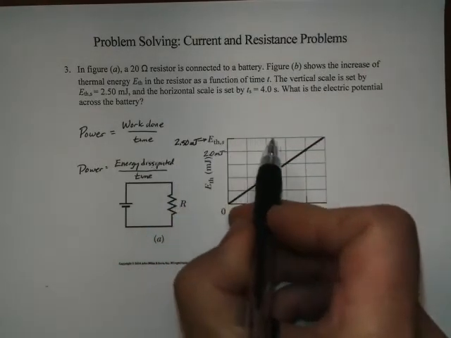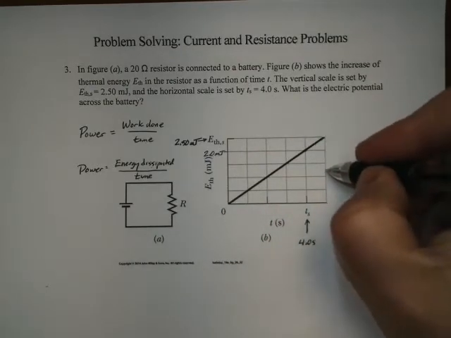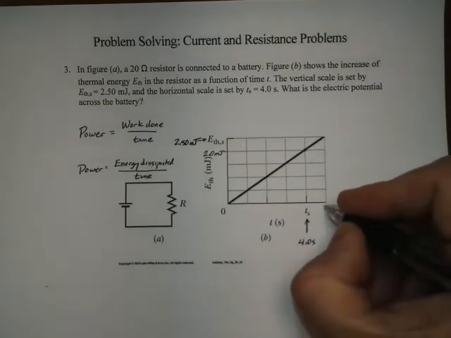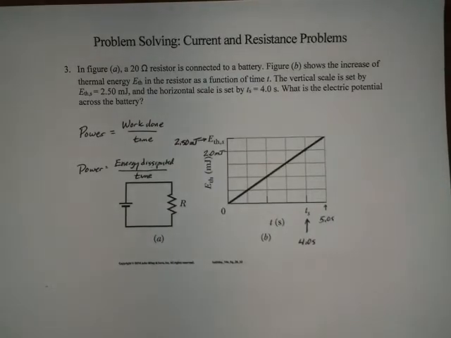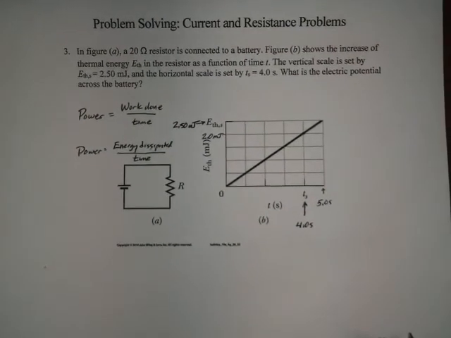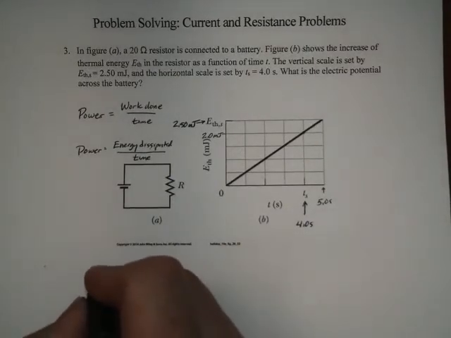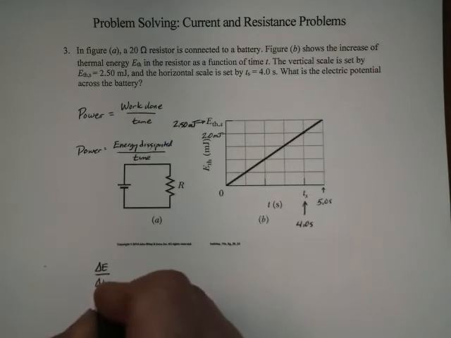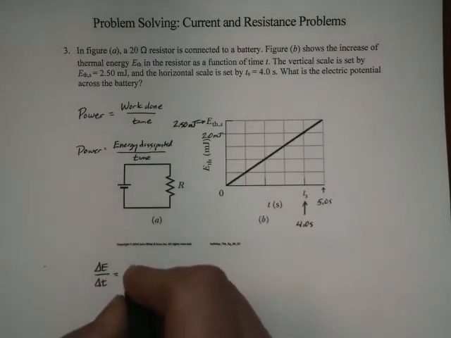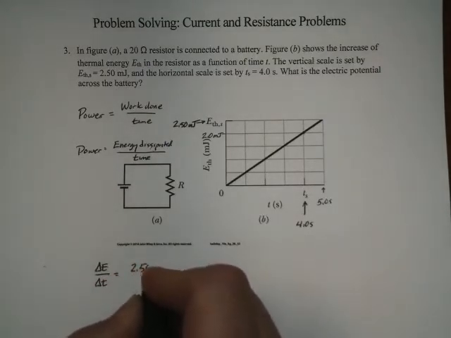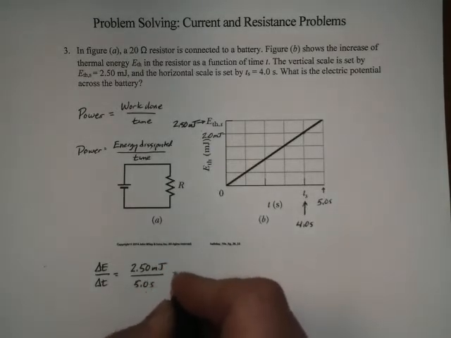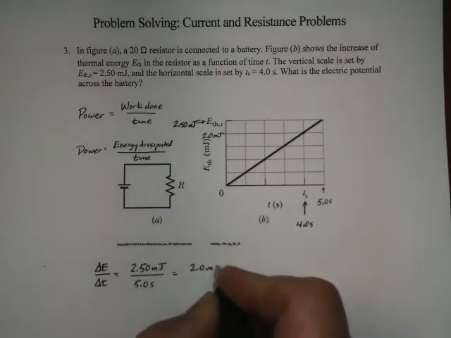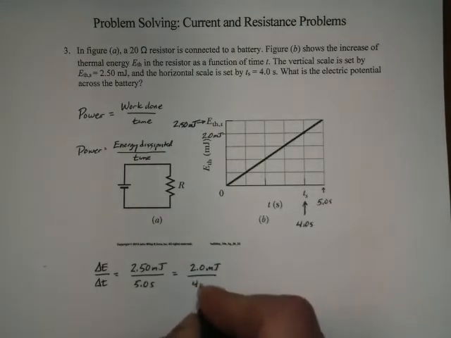Or 2.5 millijoules here must match with, on the time axis, a time of 5 seconds. Either way is going to get you the same result in terms of calculating that slope. So a change in energy over a change in time from this graph is either going to be 2.5 millijoules over 5 seconds or 2 millijoules over 4 seconds.